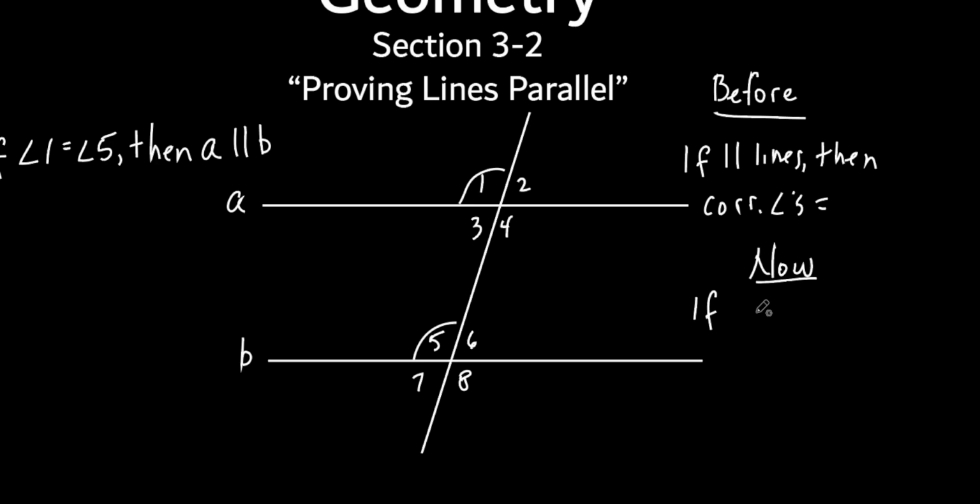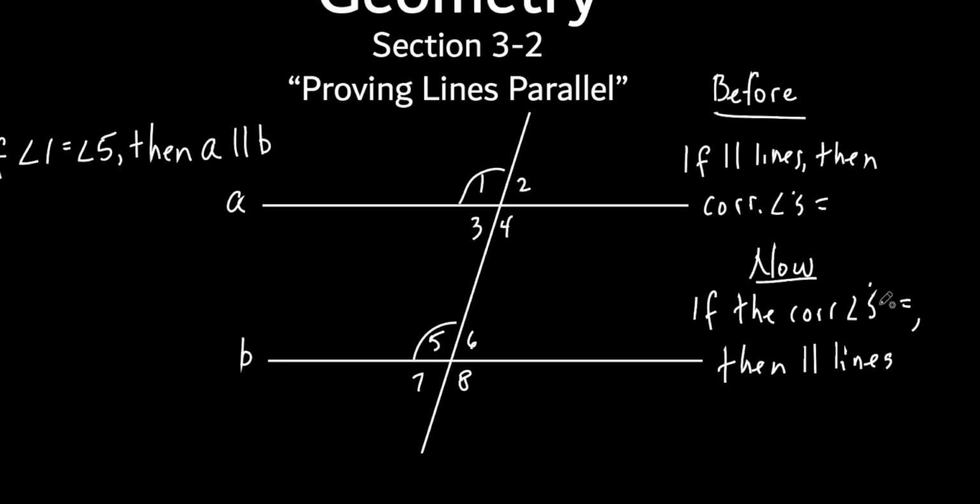We're saying if the corresponding angles are equal, see the difference? If the corresponding angles are equal, then what must be true? Then the lines are parallel. Okay, I'll just put then you have parallel lines. Is that right?